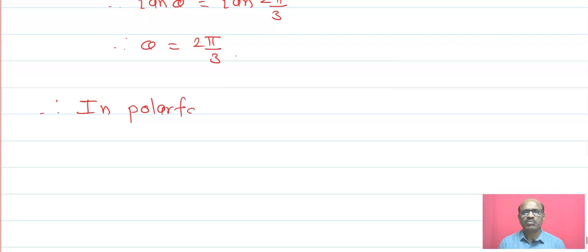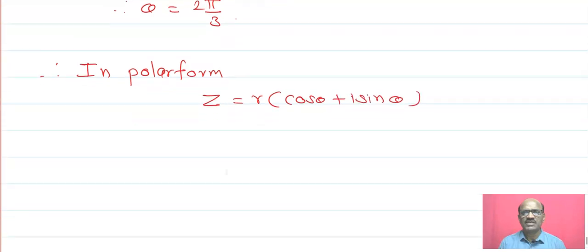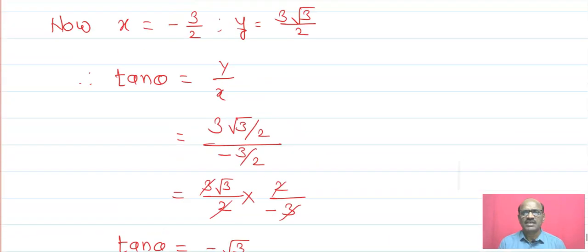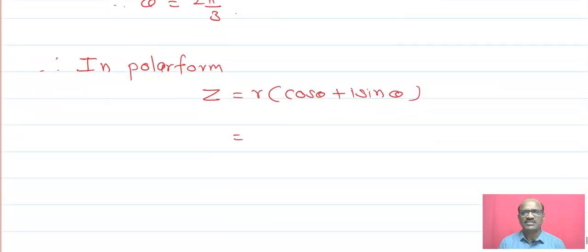In polar form, z is equal to r times cos theta plus i times sin theta, and the value of r is 3. In brackets, cos of 2 pi by 3 plus i times sin of 2 pi by 3.